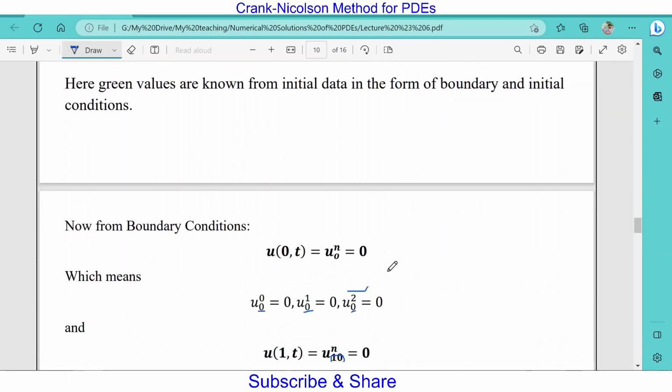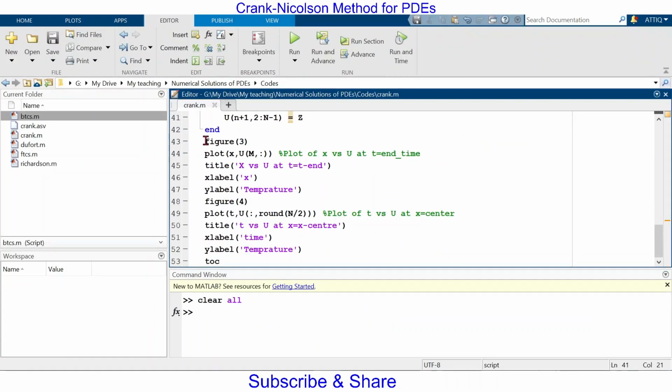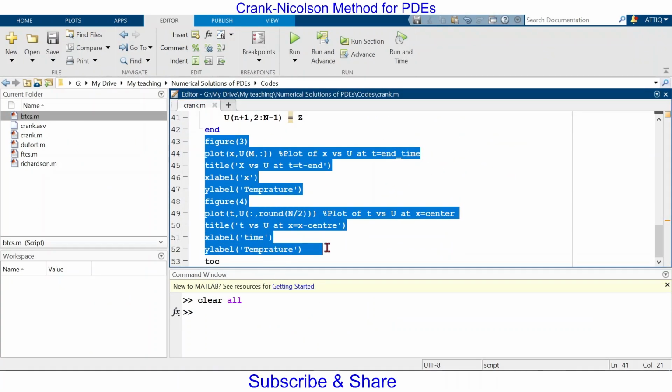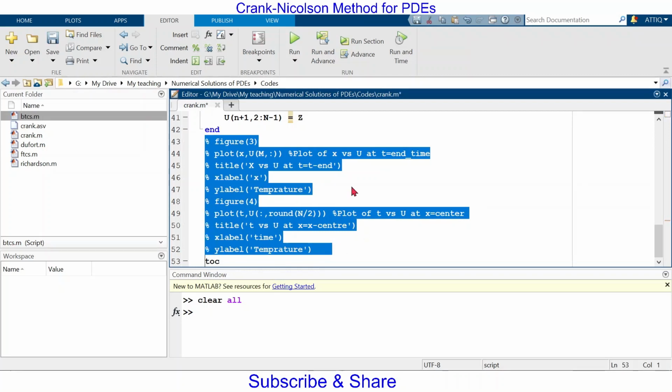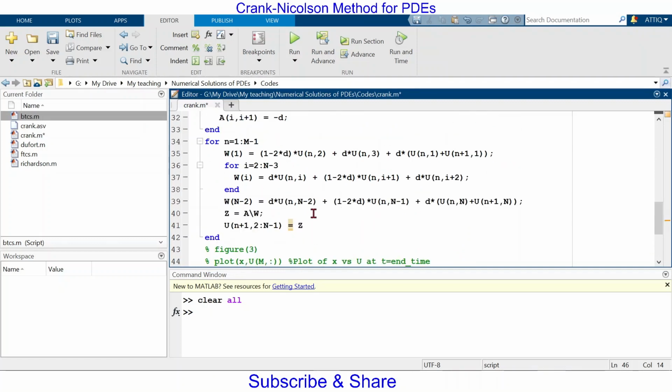Okay, let's run this code. I am just not plotting these results for a while, and I'm not using a semicolon here also because I want to see the outputs.